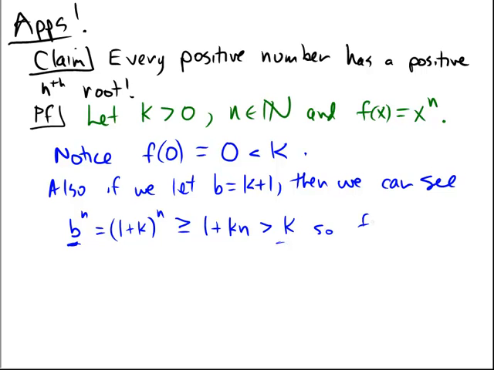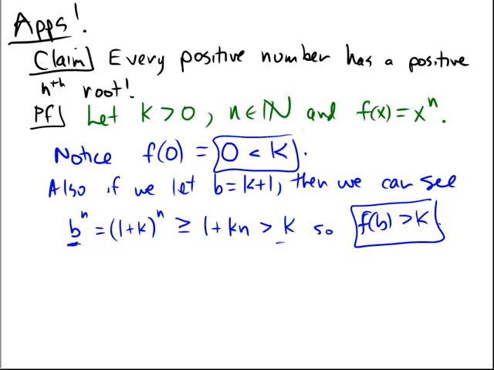So f of b, the thing that you get when you stick in b, is bigger than k. We have 0 is less than k. So by the intermediate value theorem, IVT implies what?